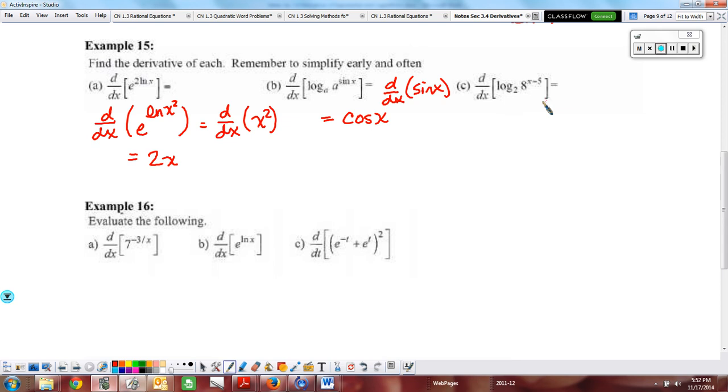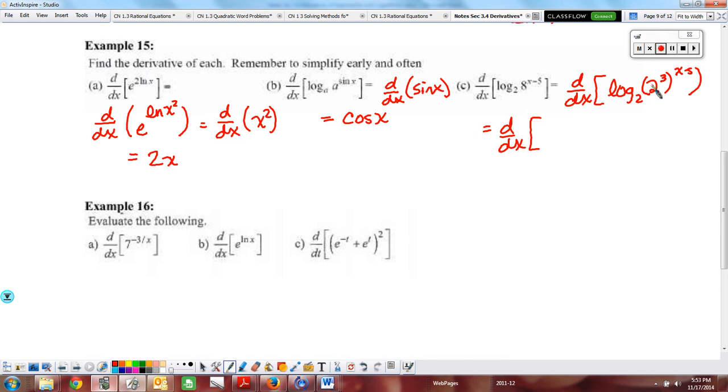Even here in C, 8 is a power of 2. I can rewrite this as log base 2 of 2 cubed to the x minus 5. And then if I do that, I can do a little bit of algebra 2 simplification.